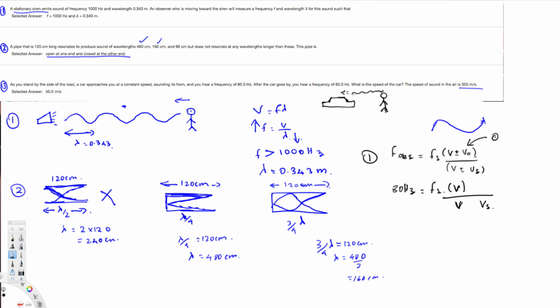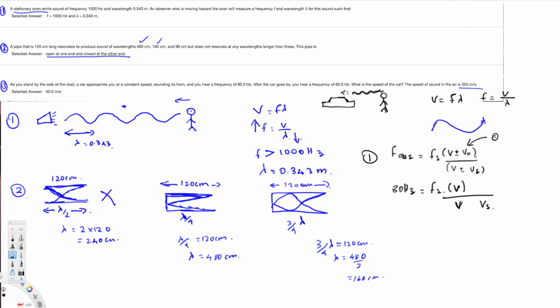As the car moves toward this person, what's going to happen to the wavelength? It's going to be decreasing, because the distance is getting smaller and smaller. What is the relation between frequency and wavelength? We have the equation V equals F lambda, so frequency equals the wave's velocity over lambda.